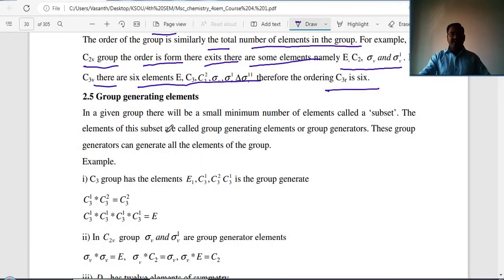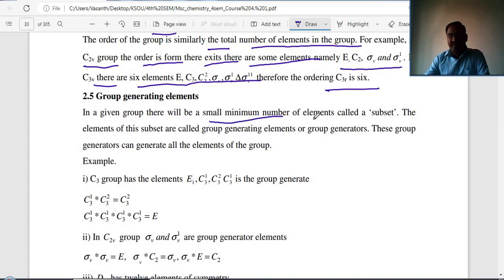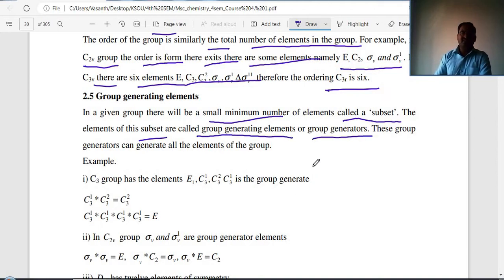The group generating elements. In a group, there is a small, minimum number of elements called a subset. The elements of this subset are called group generating elements or group generators. These group generators can generate all the elements of the group.